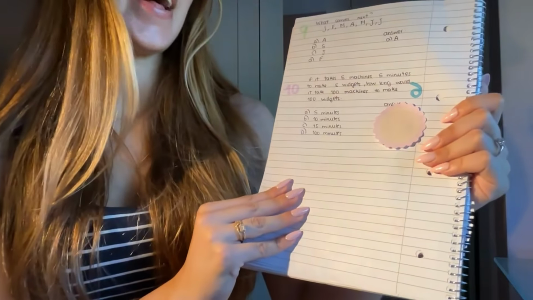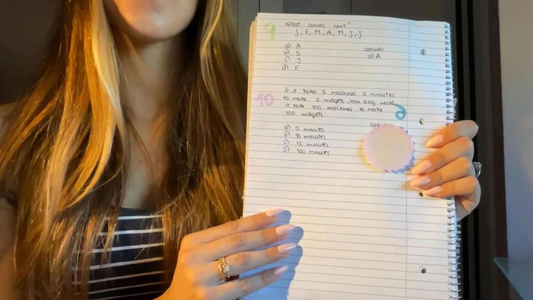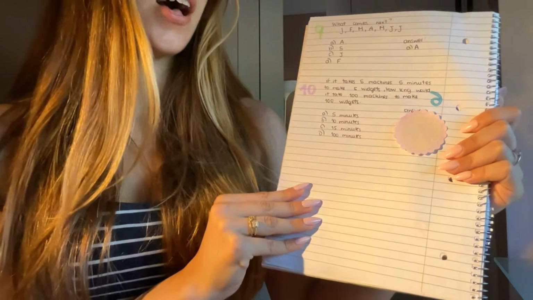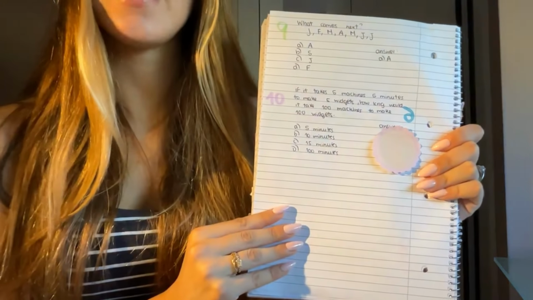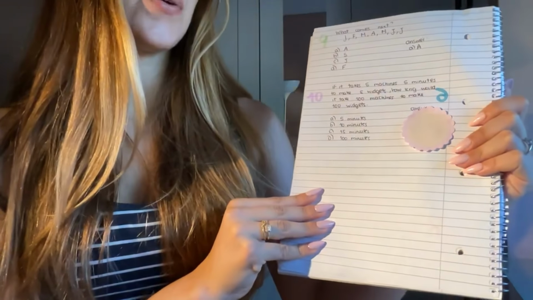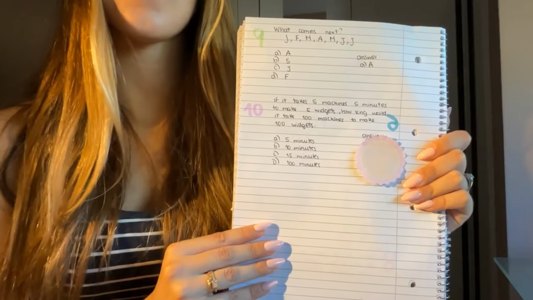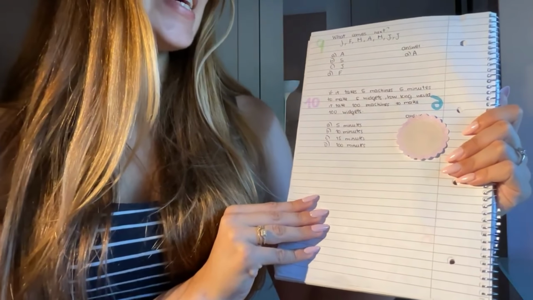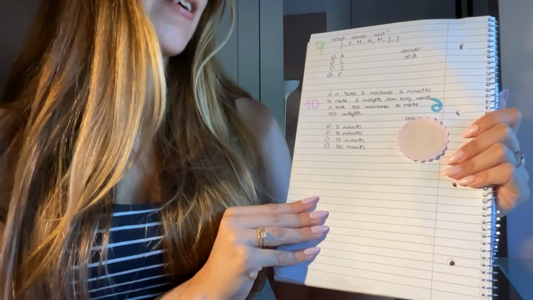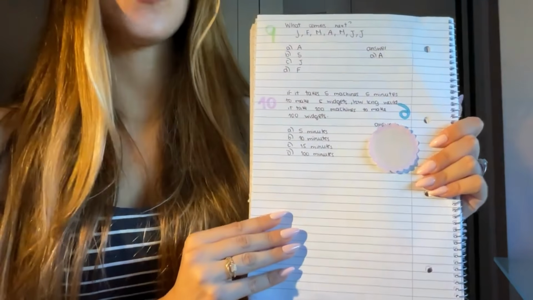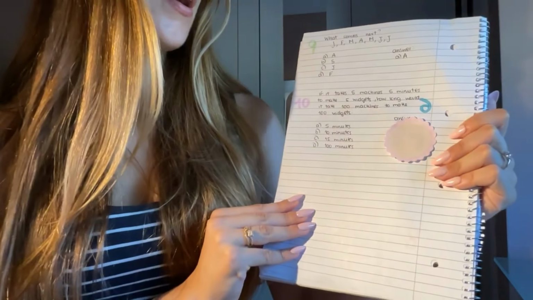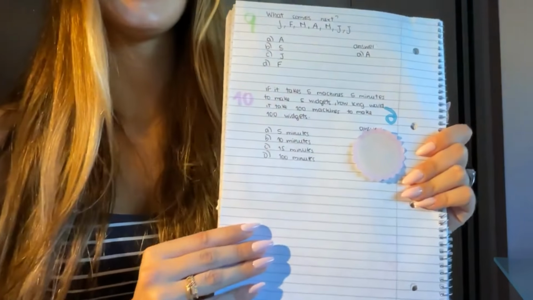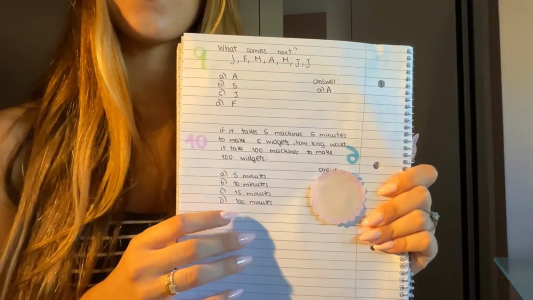So option A we have 5 minutes, option B we have 10 minutes, option C we have 15 minutes, option D we have 100 minutes. I'm going to read the question again. If it takes 5 machines 5 minutes to make 5 widgets, how long would it take 100 machines to make 100 widgets?